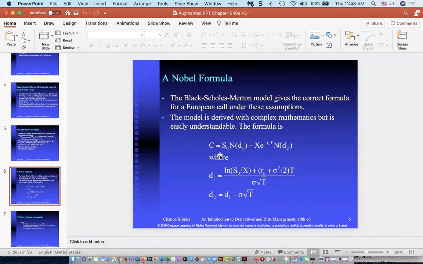It will be C equals S sub 0 minus present value of X. Do you agree? Okay. So what is S sub 0 minus present value of X? Intrinsic value, right?